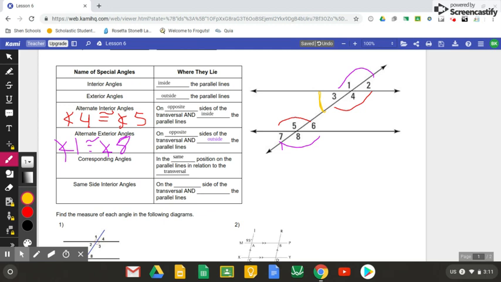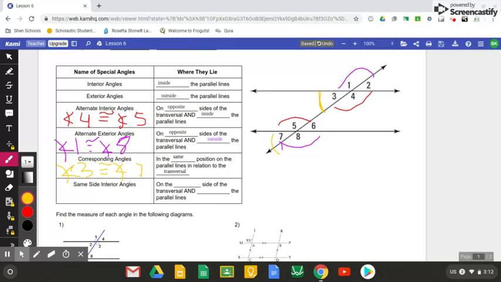You see how on the top, if I just looked at 1, 2, 3, 4, that's on the bottom left. Corresponding means if I were to take that and shift it down to the bottom. So if I took this 3 and shifted it down to the bottom, it'd be right on top of angle 7. So angle 3 congruent to angle 7. Another pair would be 2 and 6, 1 and 5, 4 and 8. There's a bunch of corresponding angles.